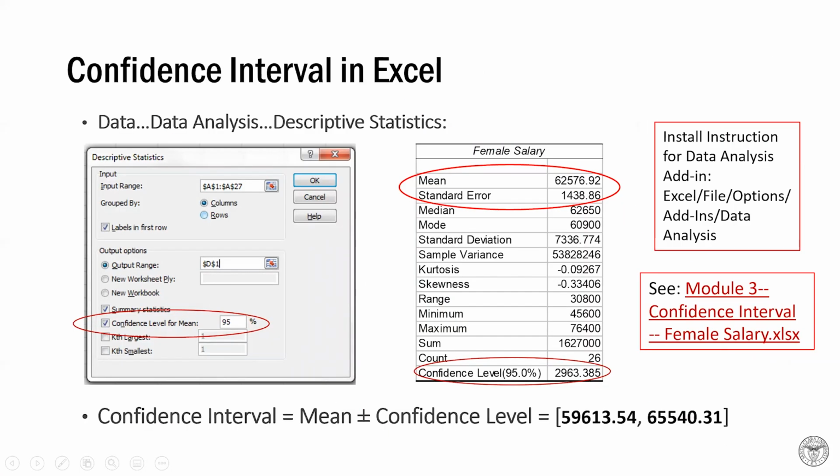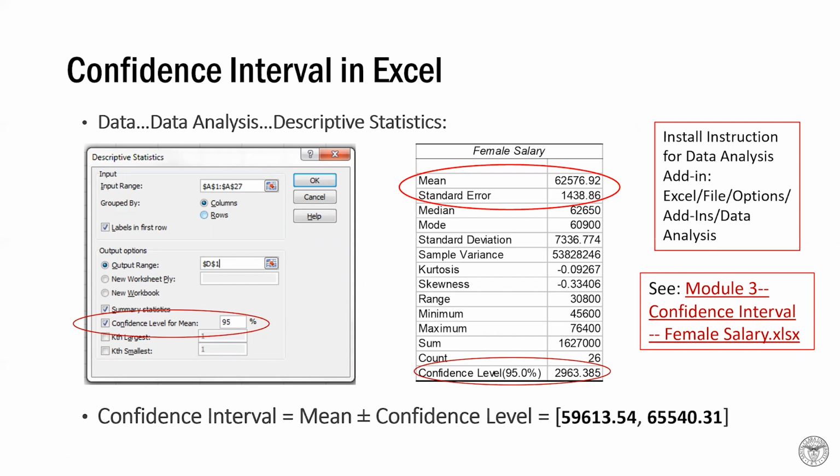We can also use Excel to compute the confidence interval. Before doing so, please install the data analysis add-in from Excel. If you have not done so, you may go to Excel, File, Options, Add-ins, and Data Analysis.